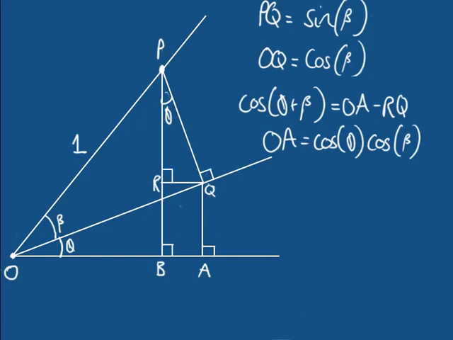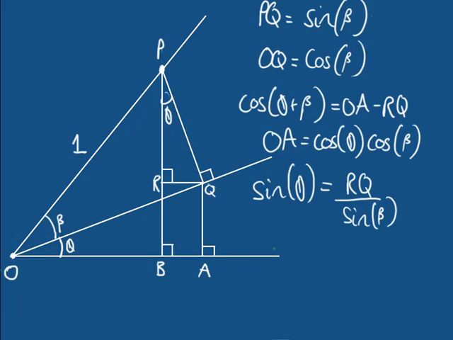RQ is the opposite edge. That means we can say the sine of theta is equal to the opposite, RQ, divided by our hypotenuse, and our hypotenuse is PQ, which we've already said is sine beta. So sine beta. That means that RQ is equal to sine theta times sine beta.